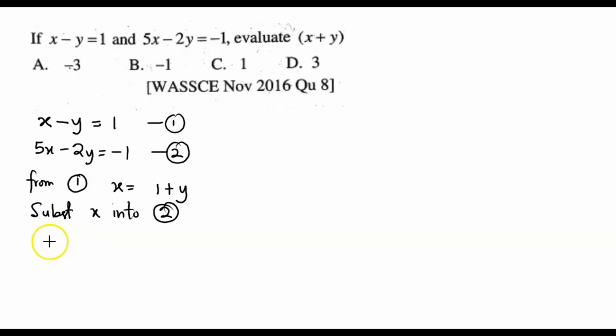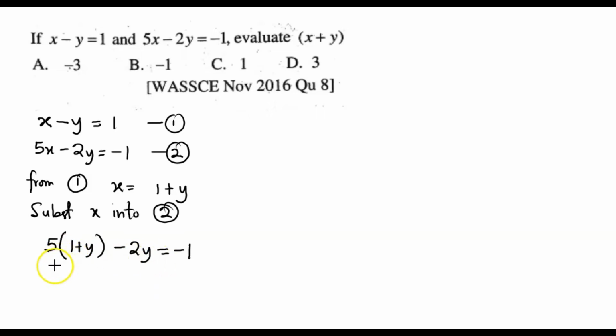So from equation 2, we have 5x, which we replace with 1 plus y, minus 2y, equal to -1. You realize that now equation 2 has become an equation in y.